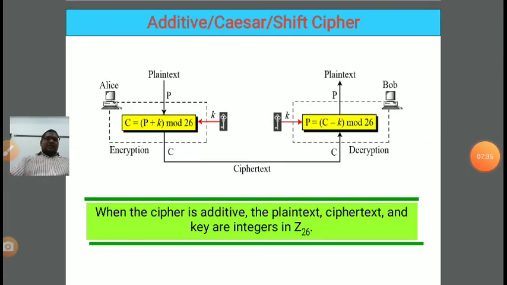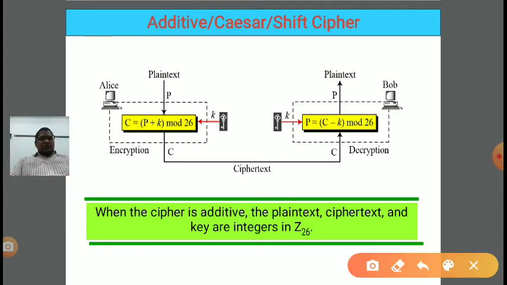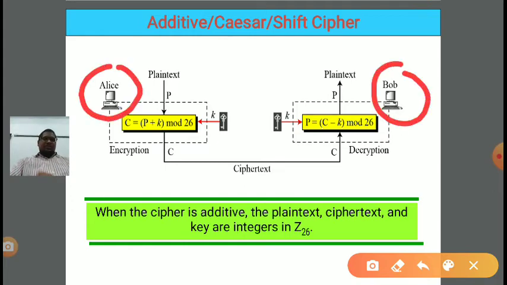Now in today's lecture, we will be focusing in depth on the additive cipher, or Caesar cipher, or shift cipher. All are the same cipher having different names, meaning additive, Caesar and shift. Just look, in this particular scenario, Alice is the sender and Bob is the receiver.